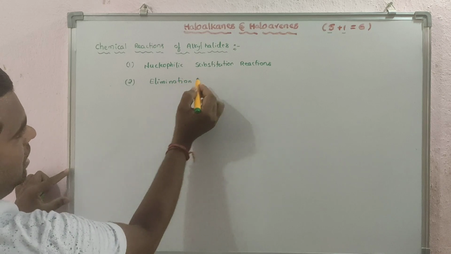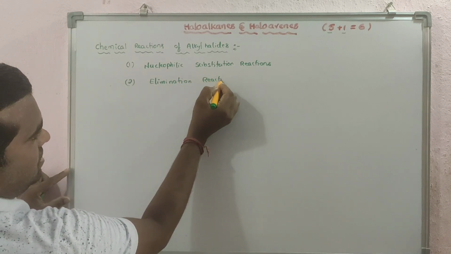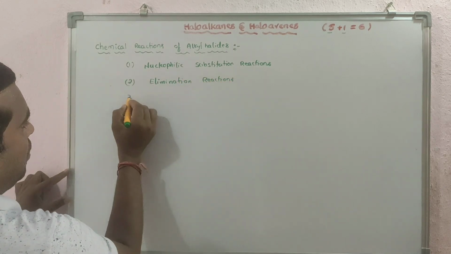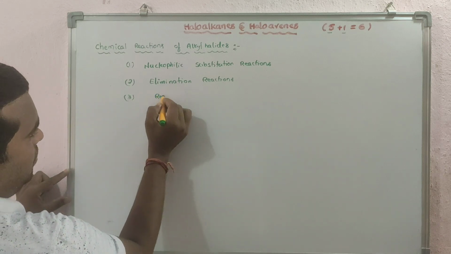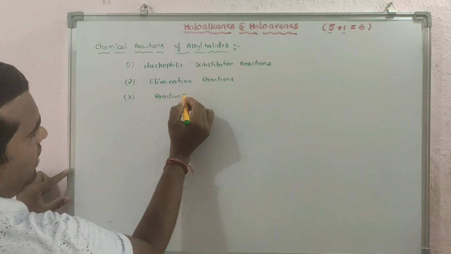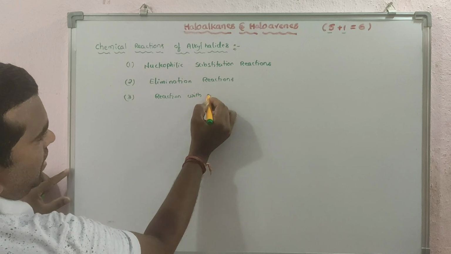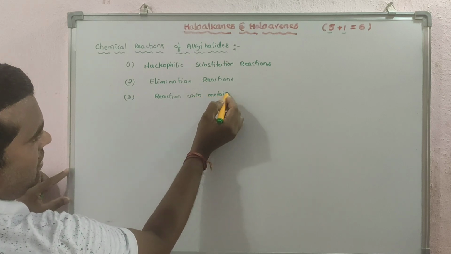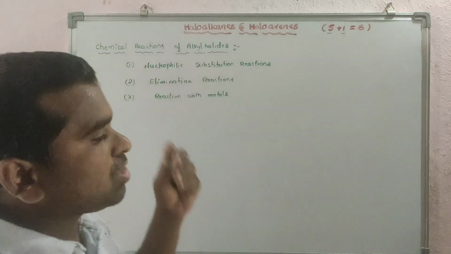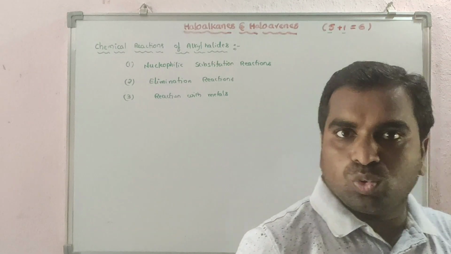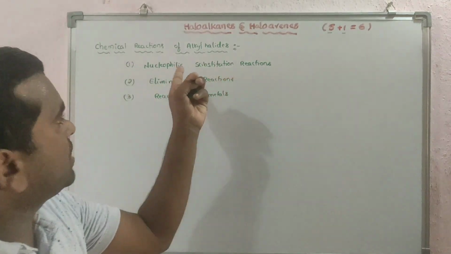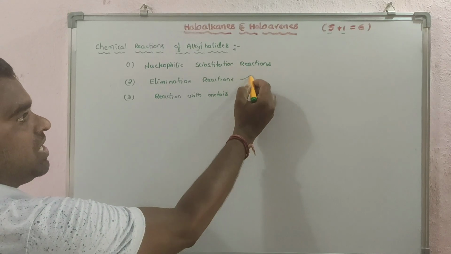The third one is reaction with metals. Clear? So the chemical reactions of alkyl halides are divided into 3 categories: nucleophilic substitution reaction, elimination reaction, and reaction with metals.